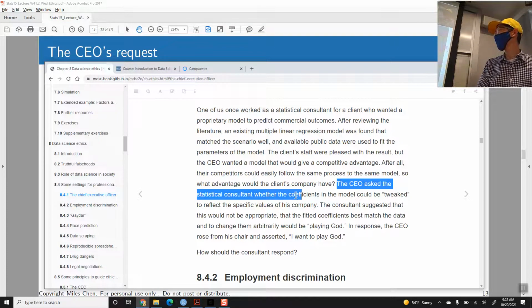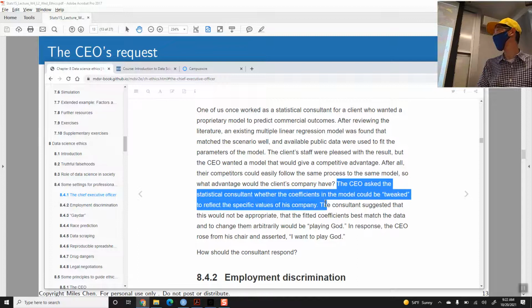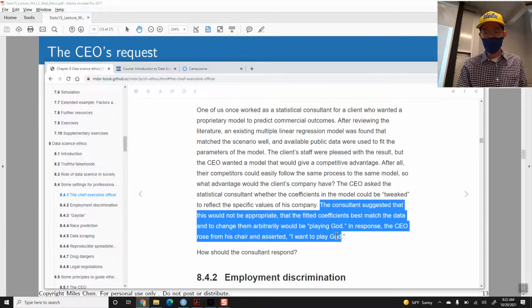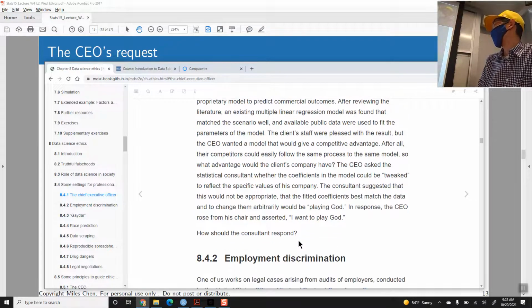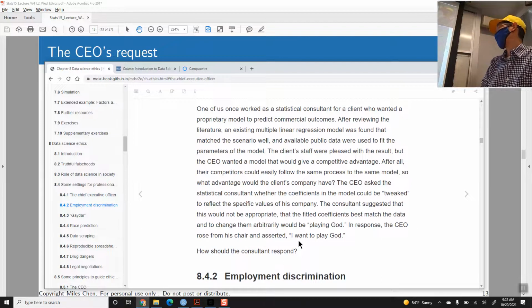The CEO asked the consultant whether the coefficients in the model could be tweaked to reflect the specific values of his company. The consultant suggested that this would not be appropriate, that the fitted coefficients are the best match to the data, and to change them arbitrarily would be playing God. And in response, the CEO rose from his chair and asserted, I want to play God.